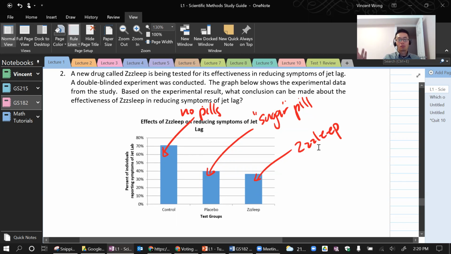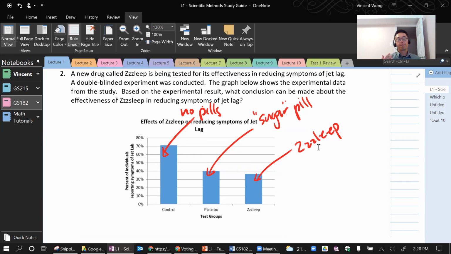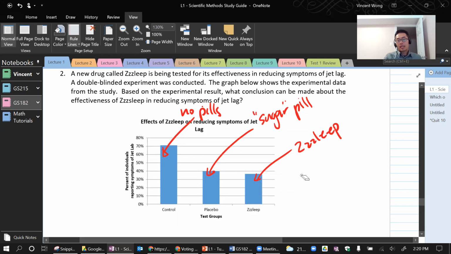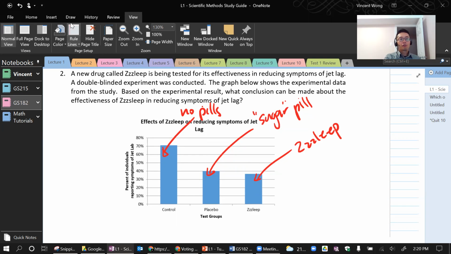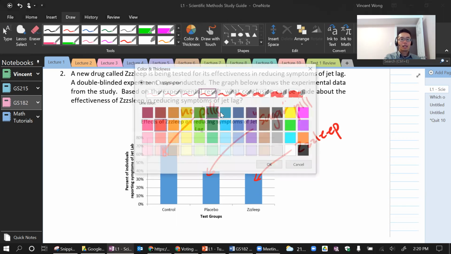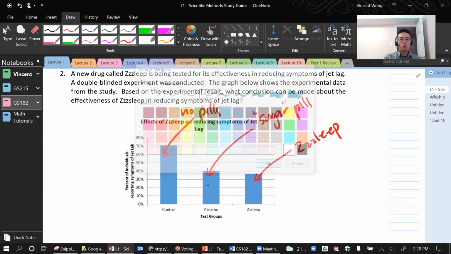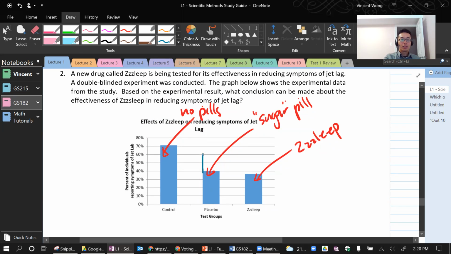It has no actual therapeutic value. So in this case, it is not effective. For this to be an effective new drug, you would want to see that the placebo is performing at a similar level as the control. Okay, so that is that.